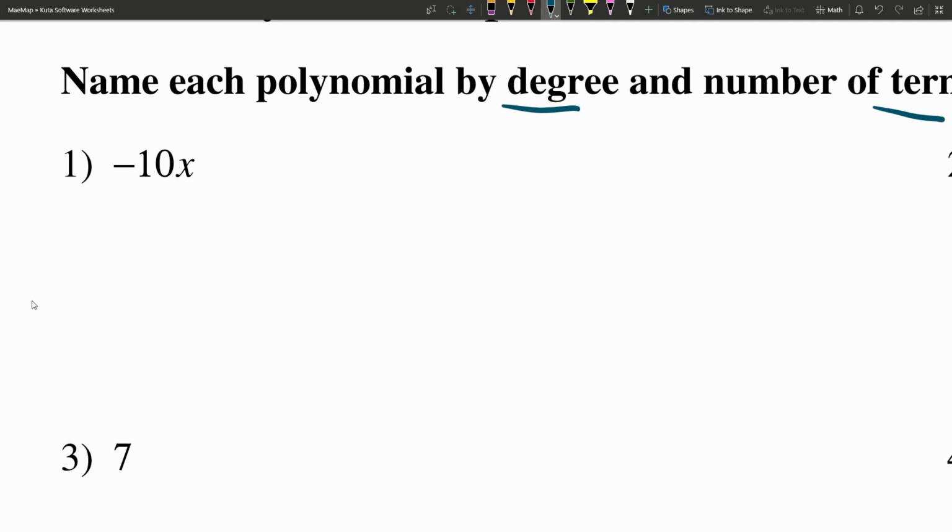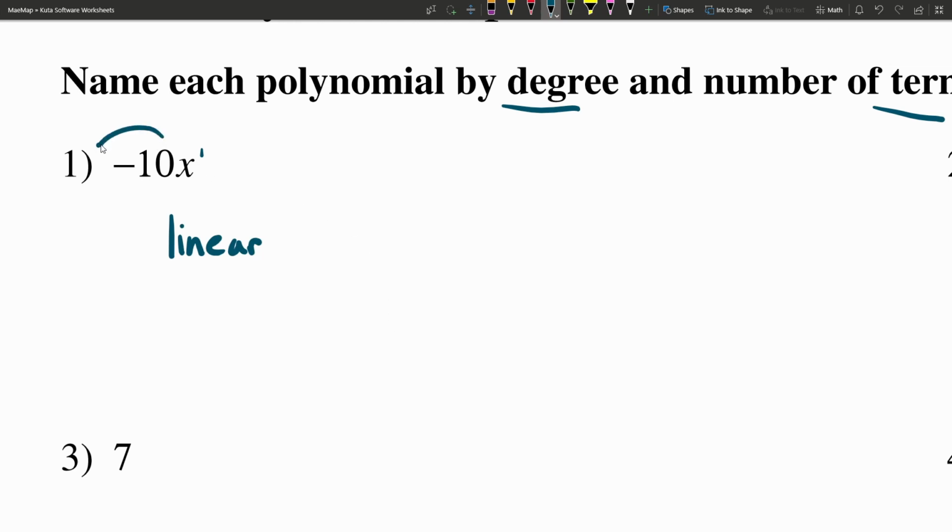For number 1, you can see that the highest degree in our polynomial is a 1 because we have x, that's the same as x to the first. A degree of 1 is known as linear. So naming the polynomial by the degree, we know that this is a linear polynomial. But not only do we need to name it by the degree, we need to name it by the number of terms.